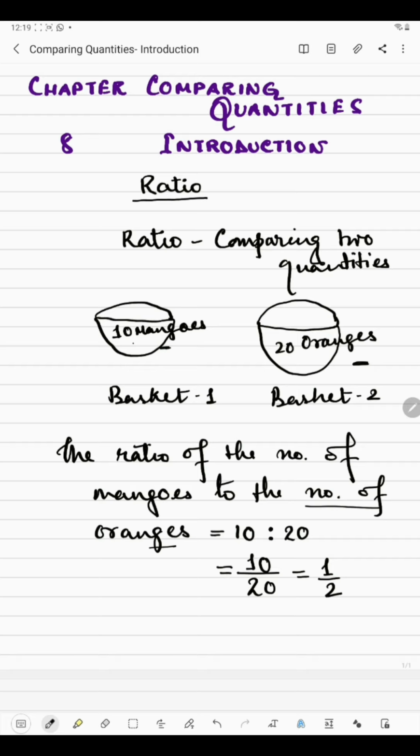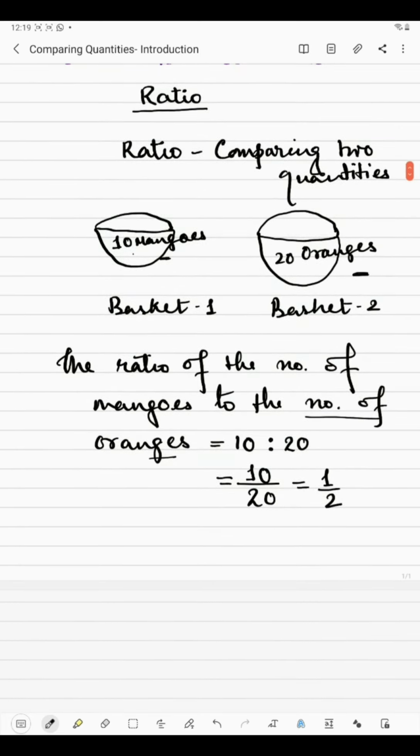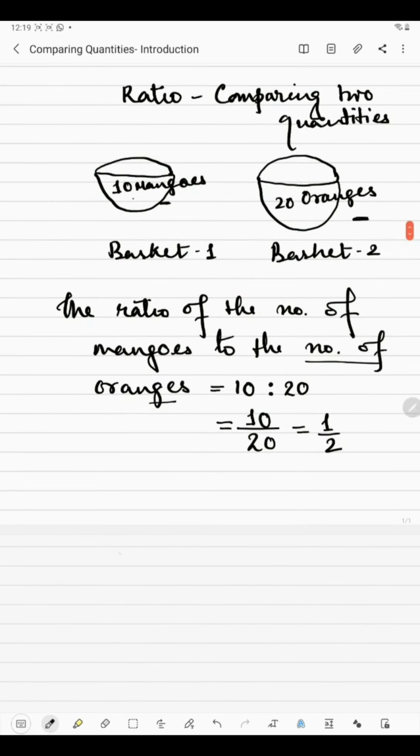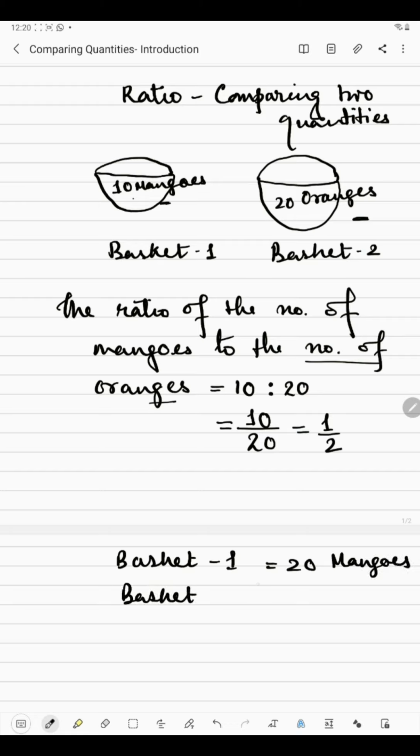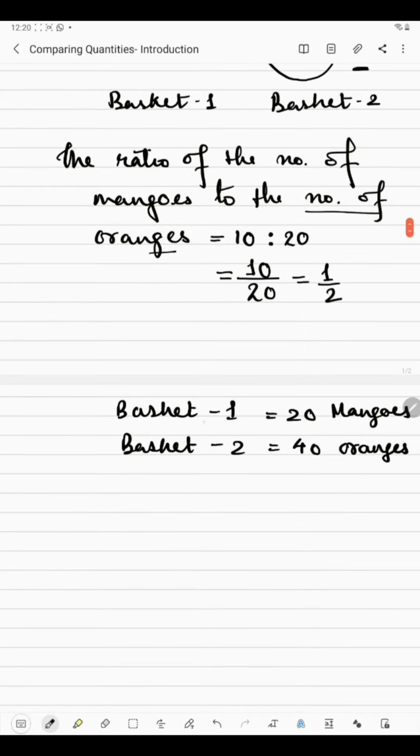Now suppose you have 20 mangoes in basket 1, okay, and in basket 2 suppose you have 40 oranges. So what is the ratio of these two quantities now?